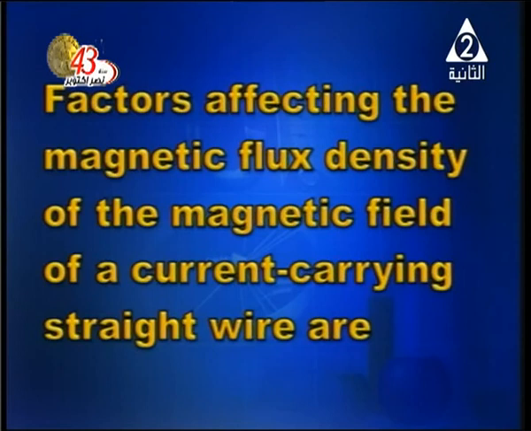And now, talking about the factors affecting the magnetic flux density of the magnetic field of a current carrying straight wire. What about the factors? Of course, they are taken or known from the relation that gives the magnetic flux density, B, which is equal to μI over 2πd.